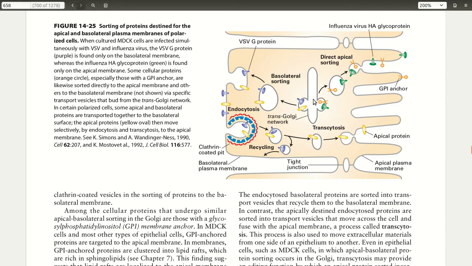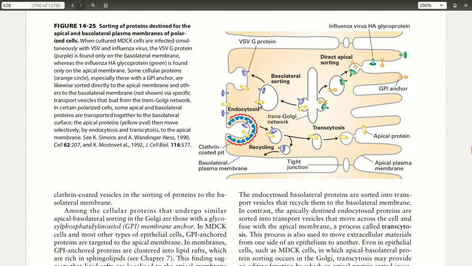And the way that they are sorted in the Golgi, in the trans-Golgi network, is that some of the basolateral proteins, along with some apical proteins, will be transported to the basolateral membrane.